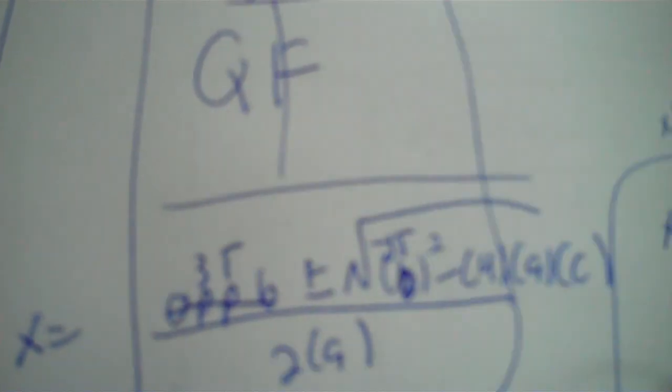So opposite of negative 35 is positive 35, and then B to the second, so you're going to have negative 35 to the second, minus 4, A is 16, C is negative 15, and then A on the bottom is 16.